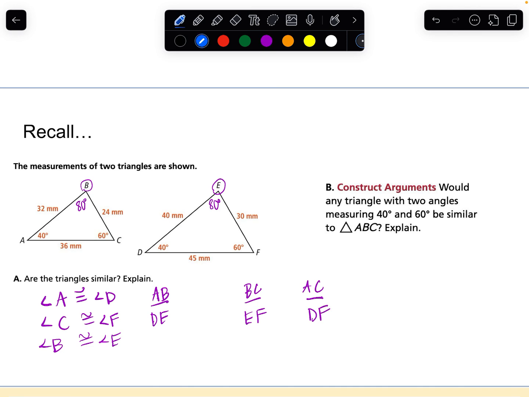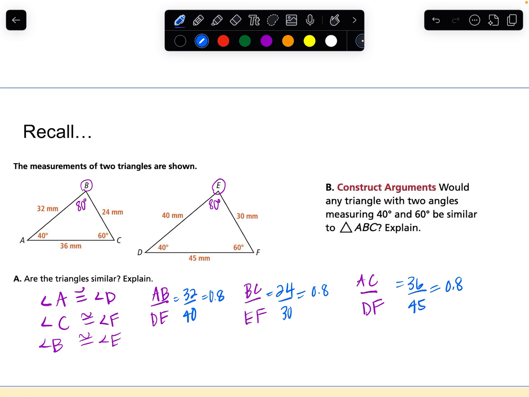So if we look at those side lengths there, 32 over 40, which equals 0.8. 24 over 30, which equals 0.8, and 36 over 45, which equals 0.8. So yes, these two triangles are similar because all of the angles of one are congruent to all of the angles of the other, and also the sides are all proportional.